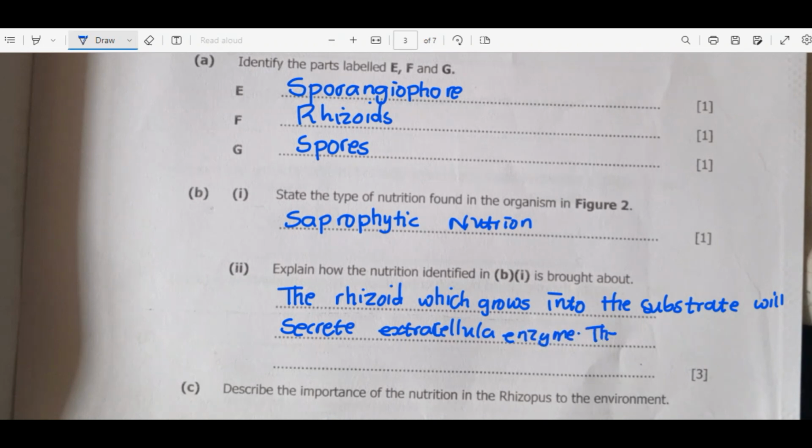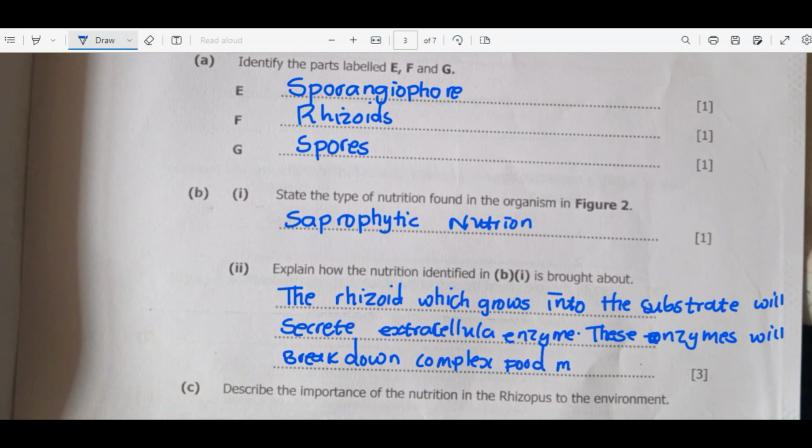These enzymes will break down complex food molecules into simpler ones.